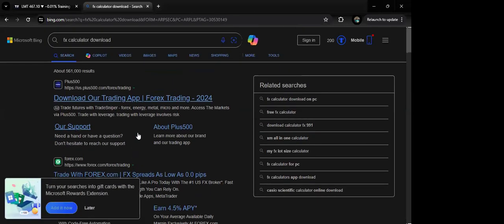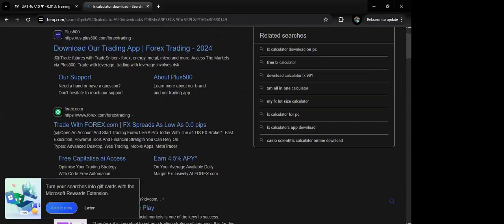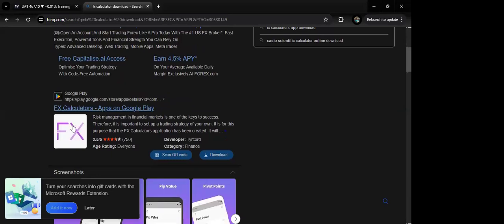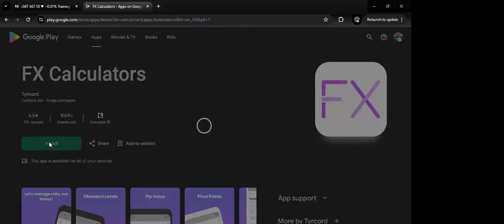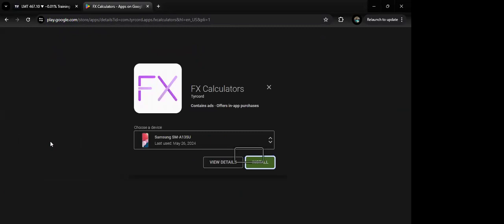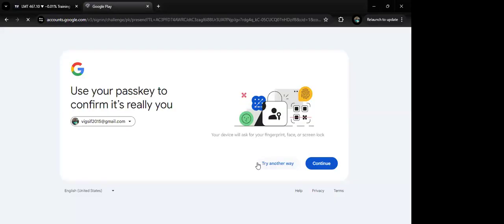It's like a Forex calculator, but now you're using the Fibonacci. Yeah, this is the sign, FX calculator. I don't know if it's going to download here. Let me see.